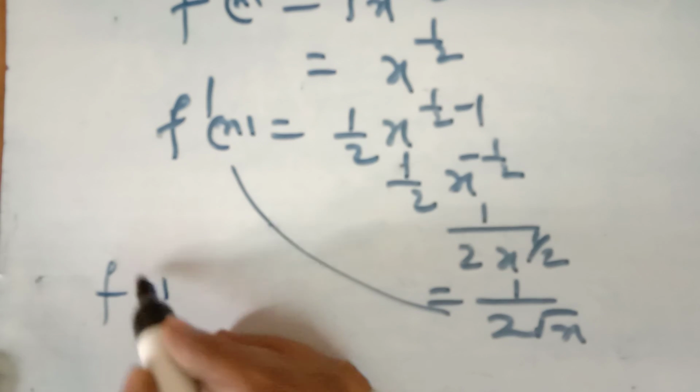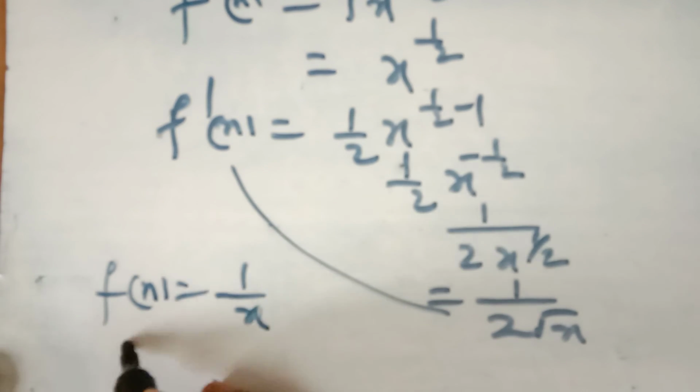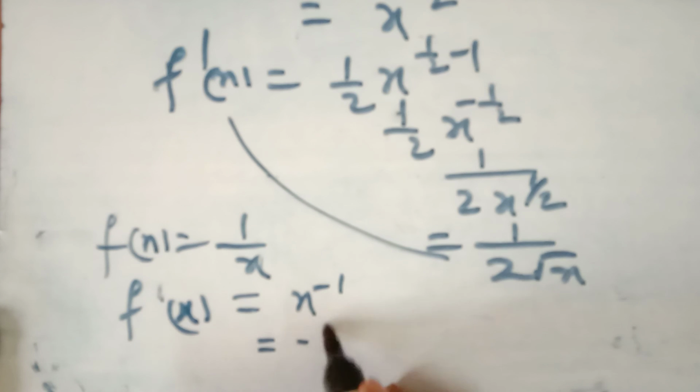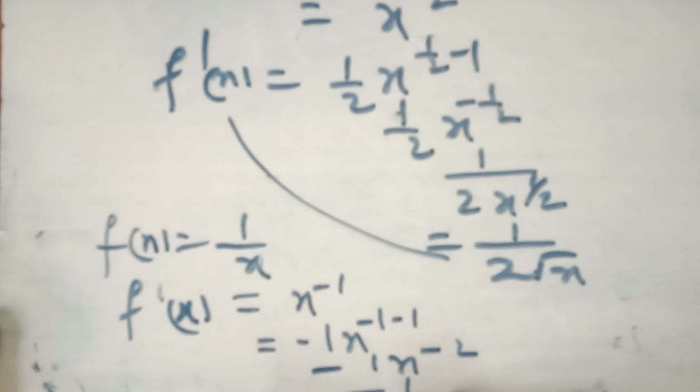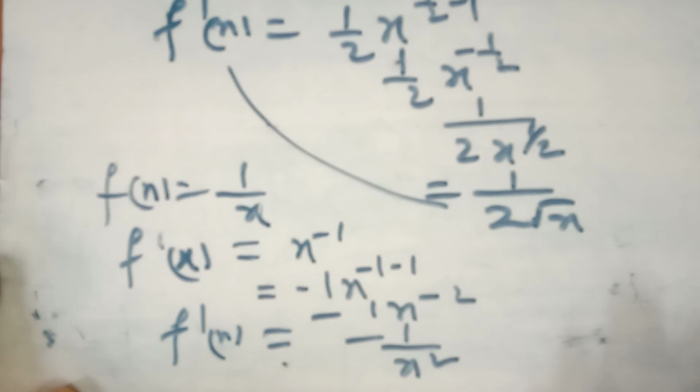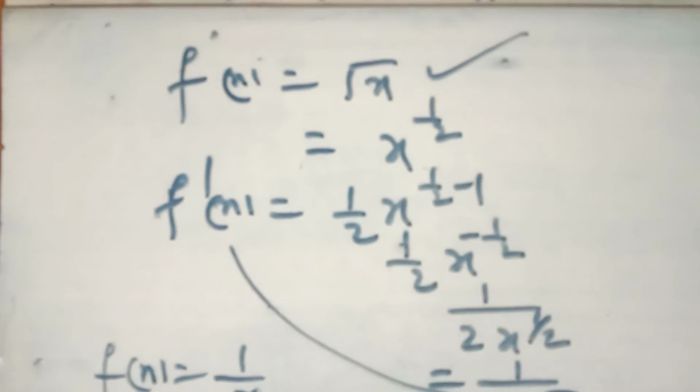Similarly, to find the derivative of 1 upon x, f(x) will be x to the power minus 1. So n x to the power n minus 1 is minus 1 x to the power minus 2, that is minus 1 upon x square. So the derivative of 1 upon x is minus 1 upon x square.